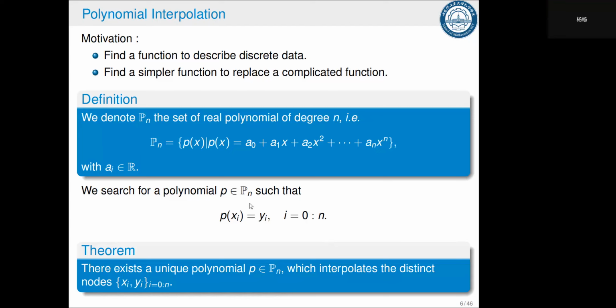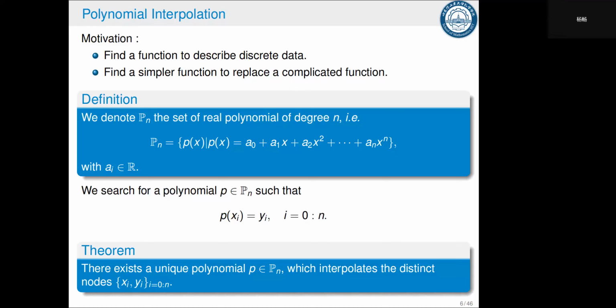Now you see, before we find a way to give the polynomial p, we should first answer the question of whether such a polynomial exists and whether it is unique.